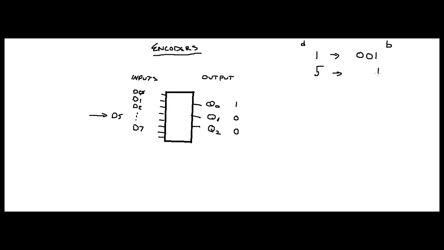That's going to equal 1, 0, 1 in binary. So in that case, the output will be 1, 0, 1. When you look at an encoder, it's basically the complement of a decoder. That's basically what it's doing.